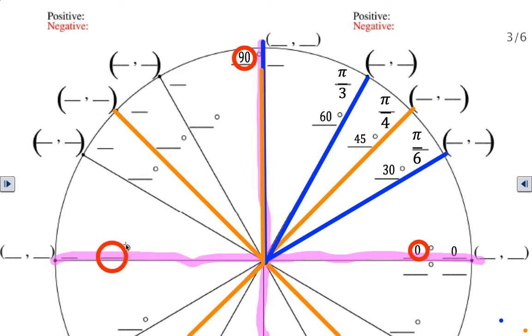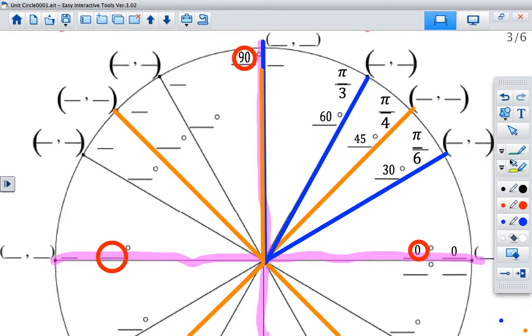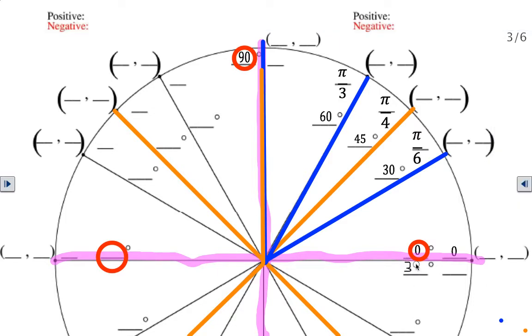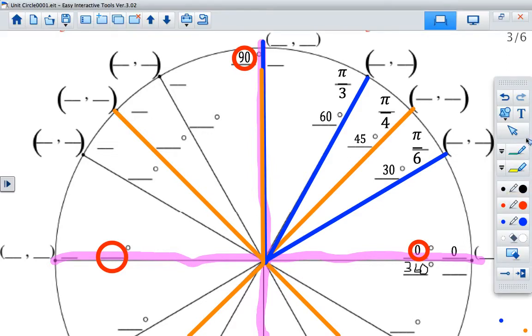I'll let you guys fill that out on your own. And then down here is 270 degrees. And then if you come back over here, we've already discussed this. We've got 360 degrees. I'm trying to draw 360. So this would be 360 degrees. Okay, so that's if you break it down per quadrant.